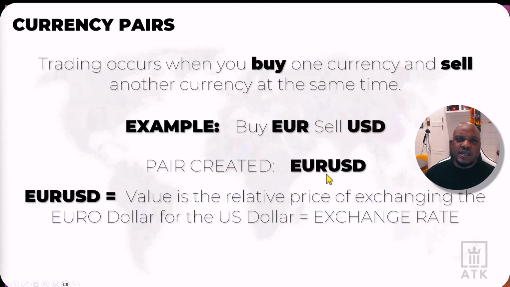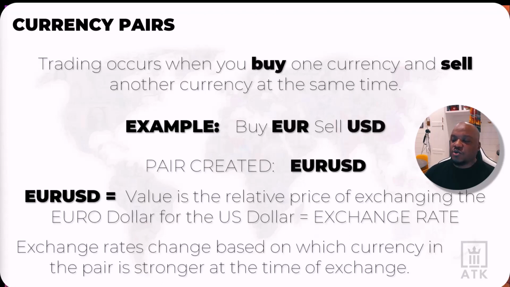But like I said, that is the exchange rate, the value relative to the price of exchanging the euro for USD or the Aussie for the yen and so forth. And so we're creating these pairs, and that's what I want you to get out of this video: how these pairs are created and how those pairs correlate to the exchange rate that we're seeing on the MT5 and in TradingView.